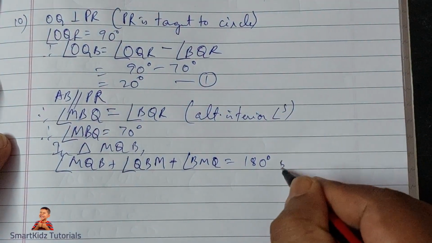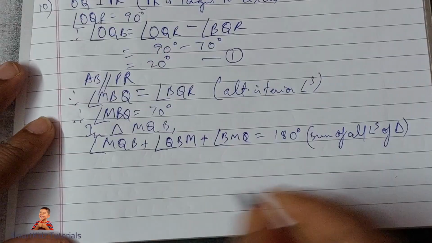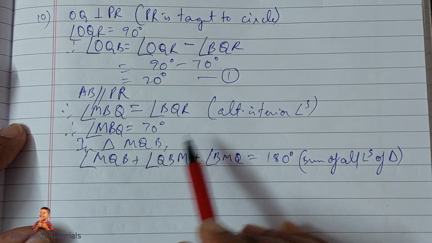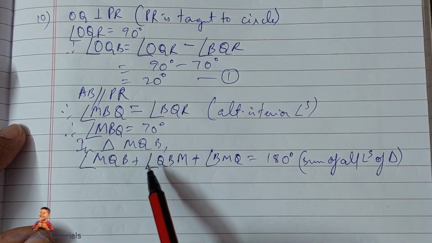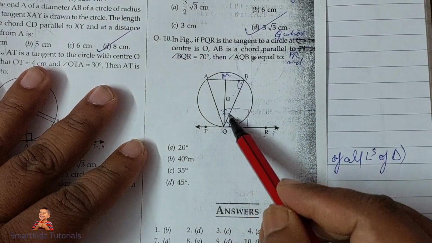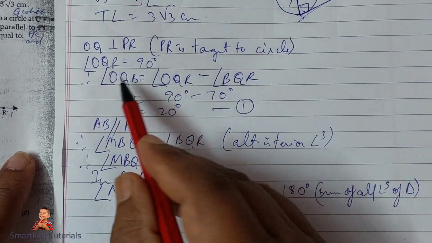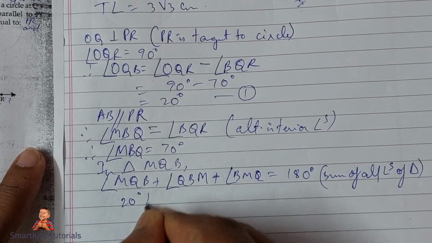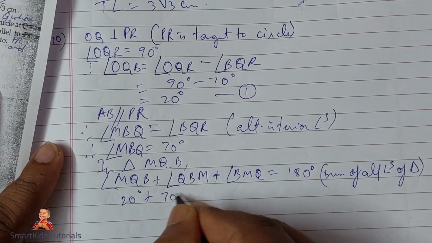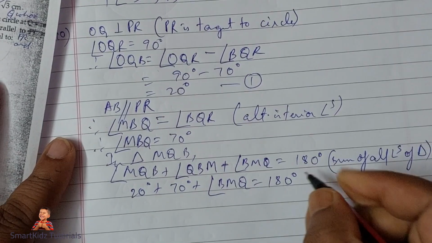This is the sum of all angles of a triangle. BQM we found as 20 degrees, the same as OQB. QBM we got as 70 degrees, and BMQ is what we need to find out. And this is equal to 180 degrees.